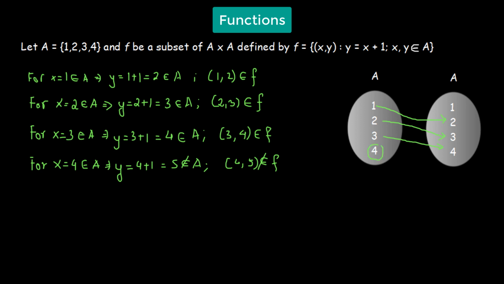So there is no corresponding image in our second set A. So that means it has not been used up. So that means our given set F is actually not a function, but it is only a relation going from the set A to itself.